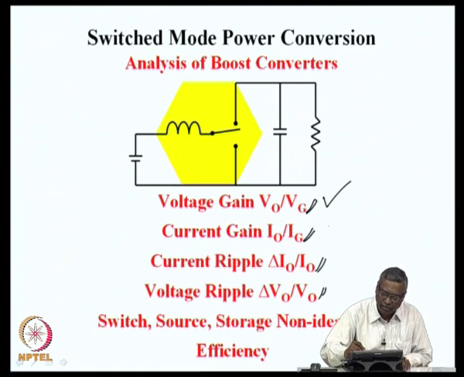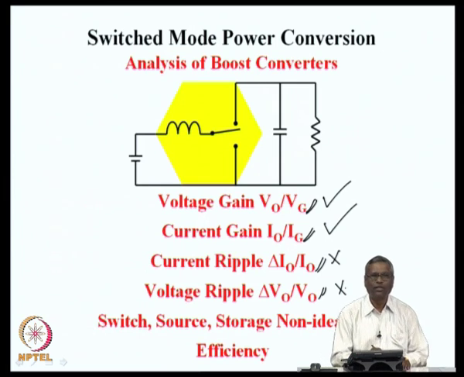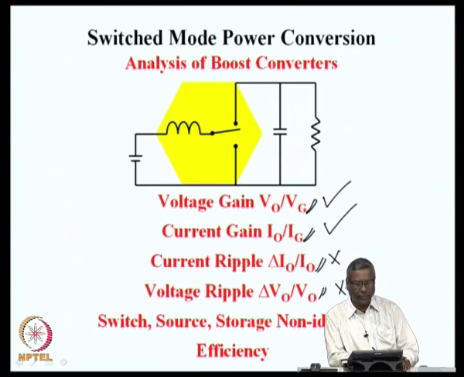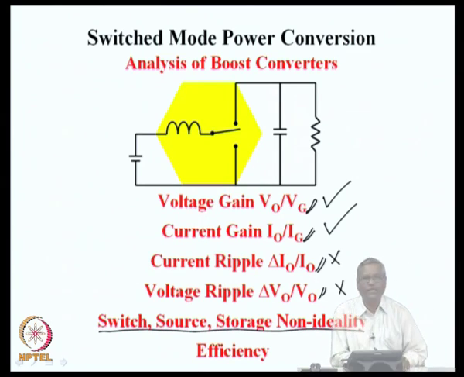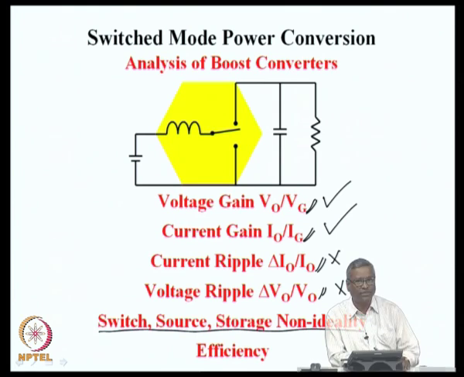These two are the desirable quantities and these two are the undesirable quantities, but we would like to know how much they are. And in the next step, we would like to see what are all the non-idealities present in the converter. The switch has certain non-idealities. During conduction, the voltage drop is not 0. The source has impedance.